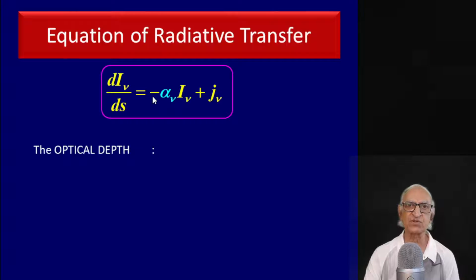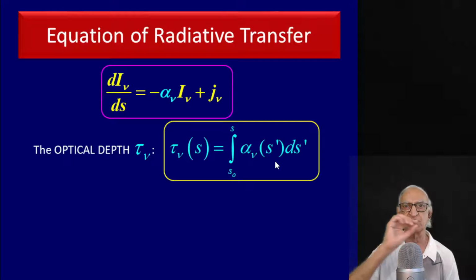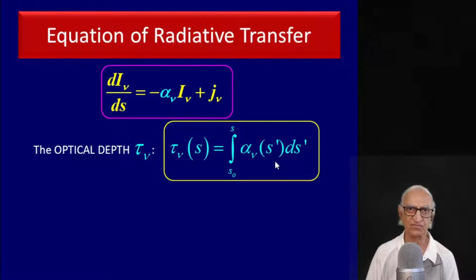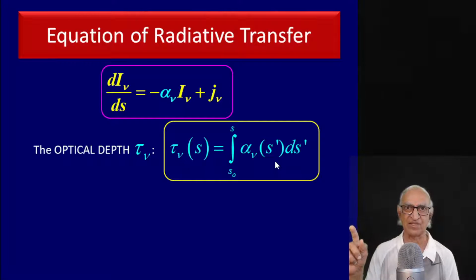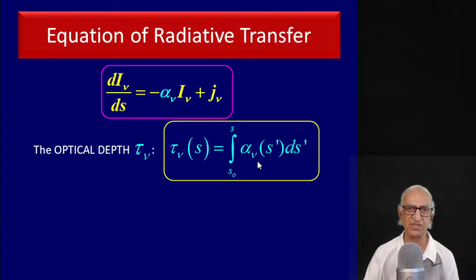Now let me introduce the important concept of an optical depth tau nu. The optical depth is the integral of the absorption coefficient over the length of the medium through which our radiation is passing. So the radiation is passing through a cylinder of length capital L. For a length ds, the fraction that is absorbed is alpha nu I nu ds.